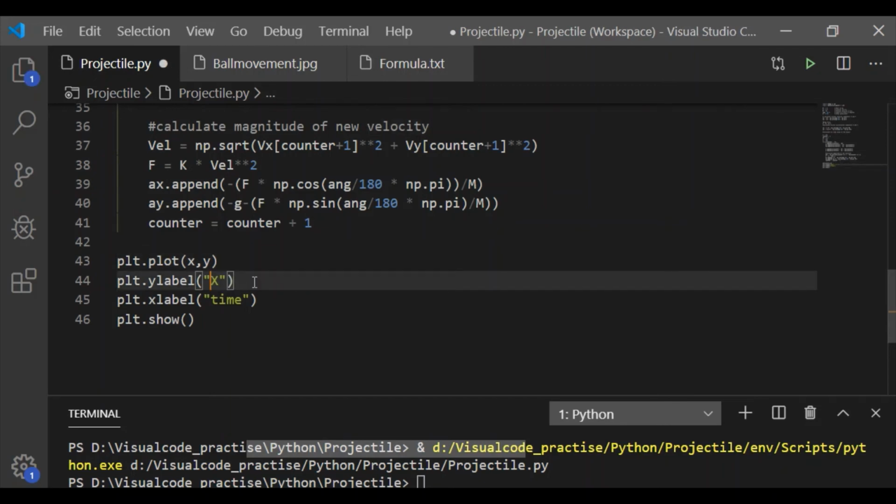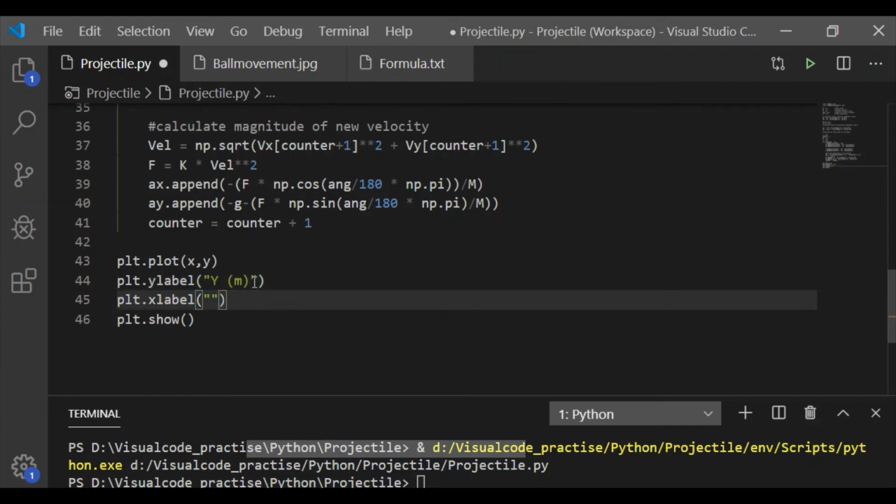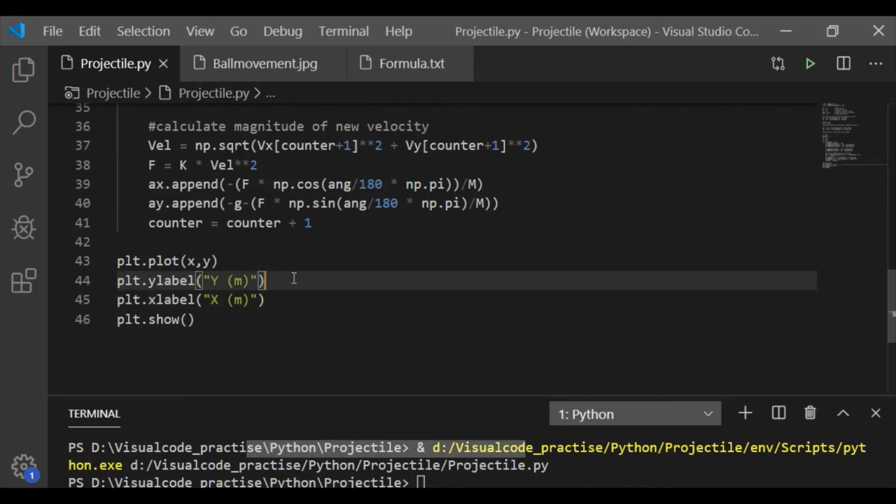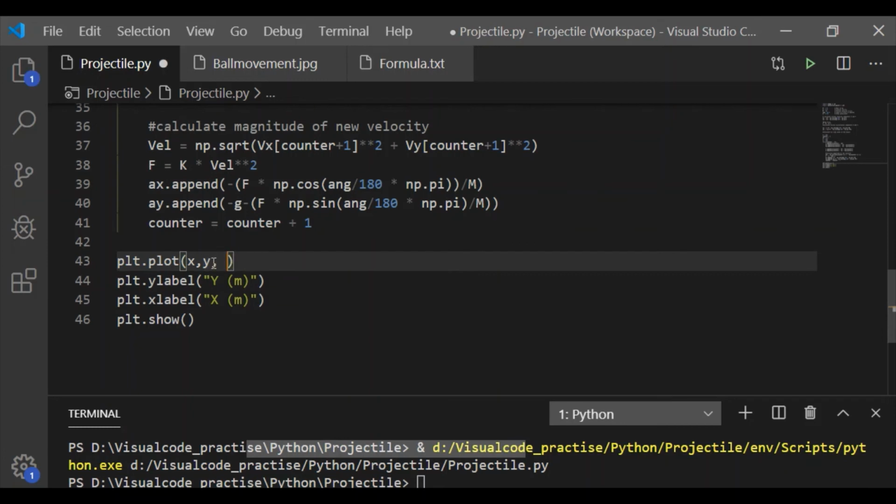So now let us plot it against x and y, which gives the range of projectile, and let us call the y label as y and the x label as x. To have clear visibility, we will add another parameter to the plot, that is G for green and O for circle.